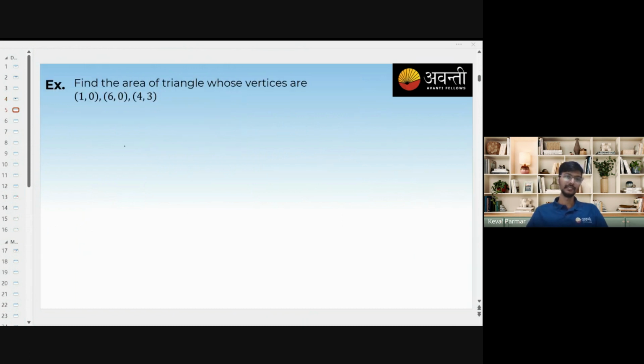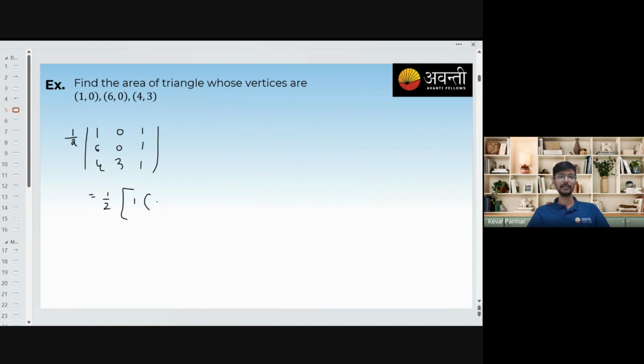So let's find the area of this triangle. This is the determinant. How to write? X1, Y1, X2, Y2, X3, Y3, and then 1, 1, and 1. So this will be 1 by 2. If I open the determinant, I'll get 1 into, should I write it direct?